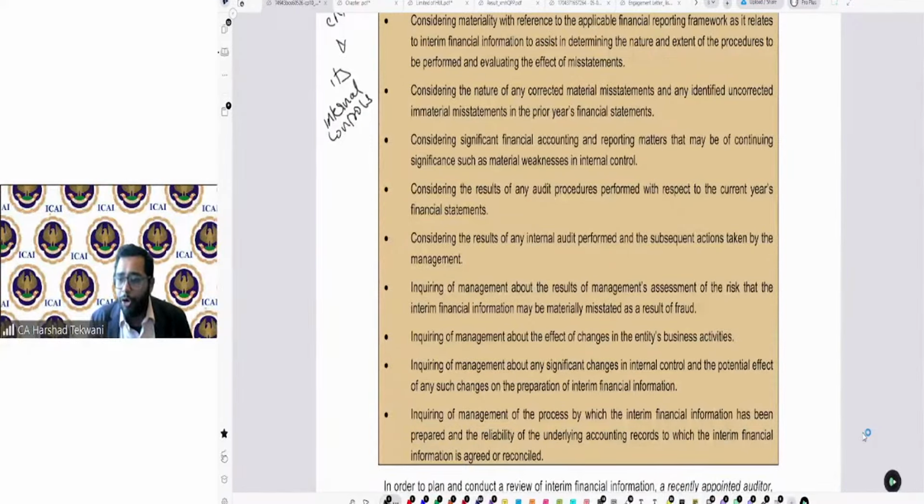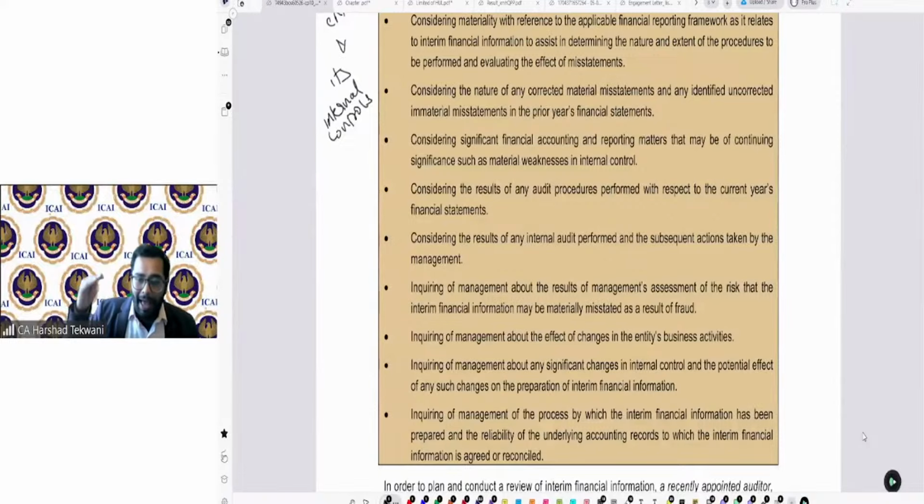The second question is why a moderate level of risk for expressing an opinion or conclusion. Moderate, because you are issuing a limited assurance conclusion. It's a review engagement, so the level of risk should be moderate. The higher the level of assurance, the lower the level of risk can be.